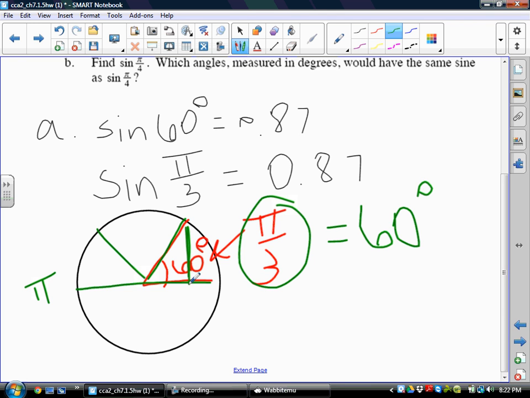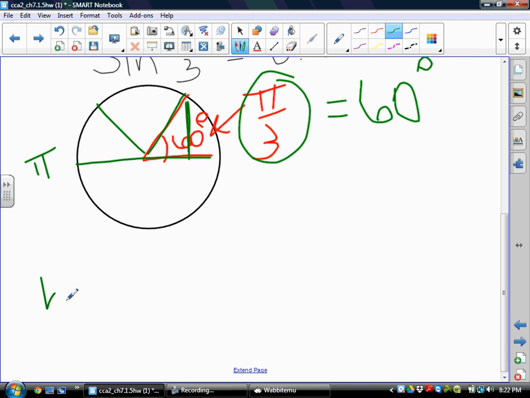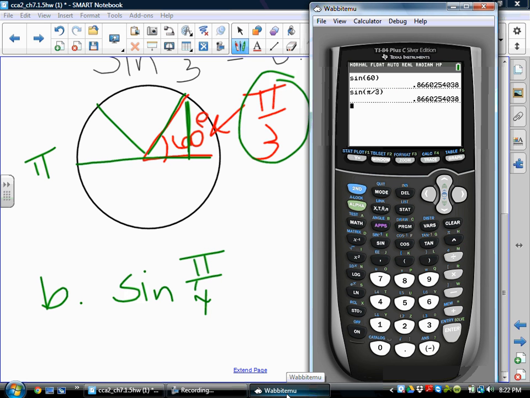Part B says find the sine of pi over 4. So again, that's still in radians. So sine of pi over 4. We're going to make sure we're still in radians on our calculator. Now, unfortunately, on the graphing calculator, there's not really a way to tell if you're in radians or not besides hitting the mode button.